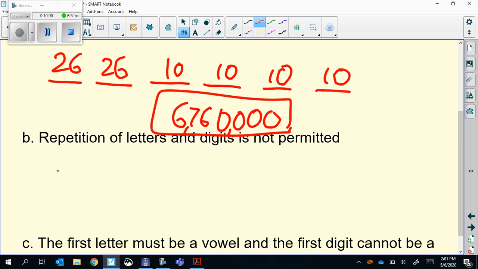Repetition is not permitted. So same thing, but you cannot repeat. So it's 26, but then we only have 25.